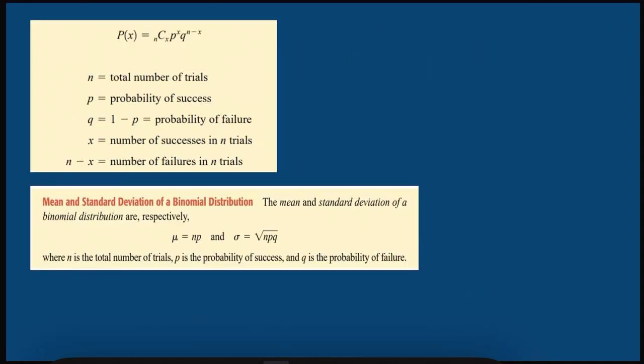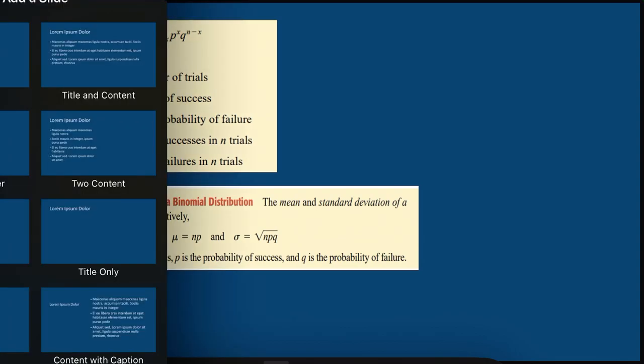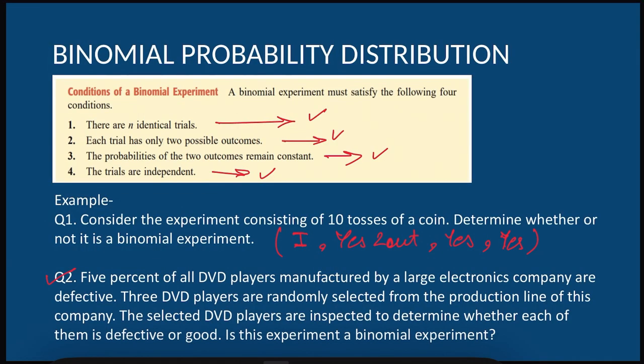So I want to clear this thing once again: what do we actually mean by PDF and CDF? You can hear a couple of terms while doing this chapter, like probability density function and probability distribution function.